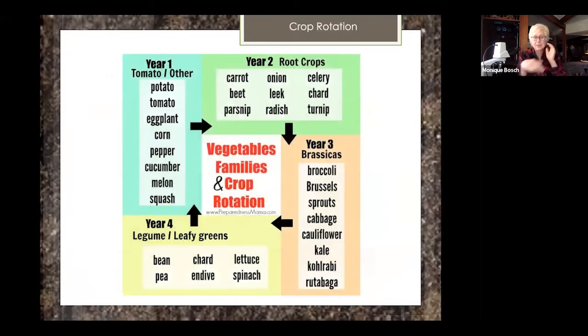Crop rotation is also a way to increase the viability of the soil. Changing what you grow in an area is always very helpful. For example, if you're growing brassicas, they're going to take a lot of the nitrogen out of that soil. So following it with a high nitrogen legume like a pea or a bean will add that nitrogen back into the soil, especially if you use it as a cover crop and let it decompose in the soil.